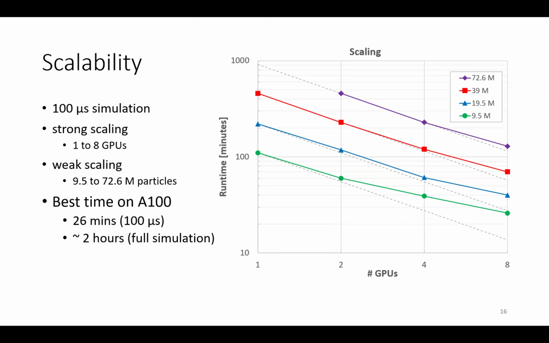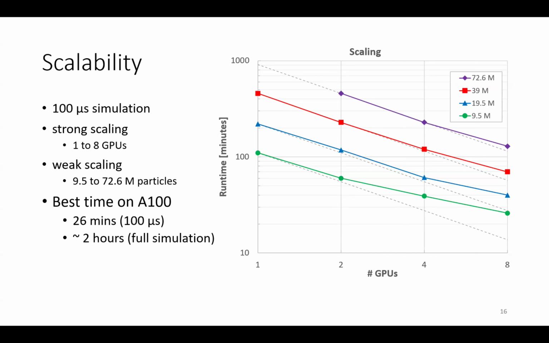So with 2 GPUs, we can halve the execution time. With 4, it's not really a quarter and so on. The best result is about 25, 26 minutes, which would give, I think, for the full simulation, roughly between 1.5 to 2 hours. So that's much, much better than the others. Or maybe, no, 5 hours. No, sorry, with the 8, it's about 1.5, 2 hours. So that's the strong scaling.